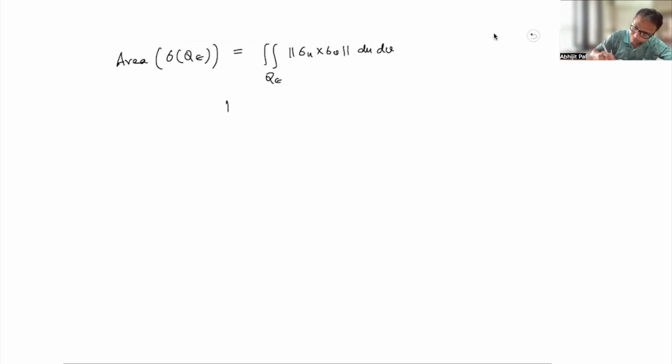This norm you can find is equal to the square root of EG minus F squared, or directly you can find the norm of this vector product, which is equal to r times (r cos u plus a).